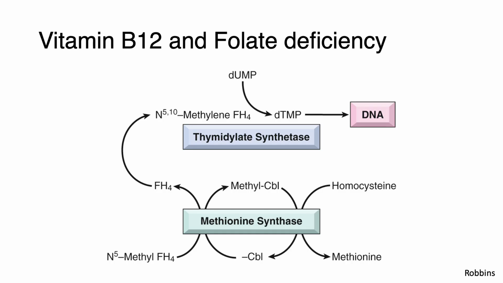All right, this next slide is a little bit confusing, and honestly, it's mostly step one trivia, but it is important to know why vitamin B12 and folic acid deficiency cause anemia, and it's because they're both required in the synthesis of thymidine. So methylcobalamin is a cofactor for the conversion of homocysteine to methionine.